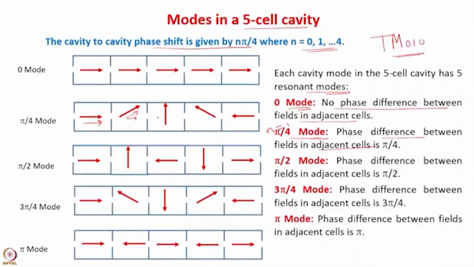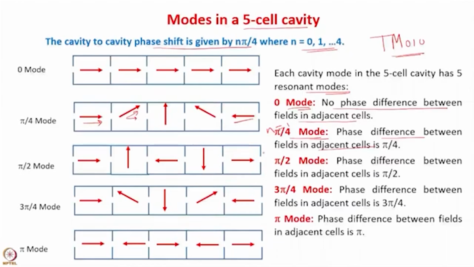When we go to the next cell, again there is a phase shift of π/4 with respect to the field in the previous cell, so here now there is no field in the z direction. Now when we go to the next cell, again there is a phase shift of π/4 and now the field is in the opposite direction. And then when we go to the last cell, there is a shift of another π/4 and the field is now again in the opposite direction.